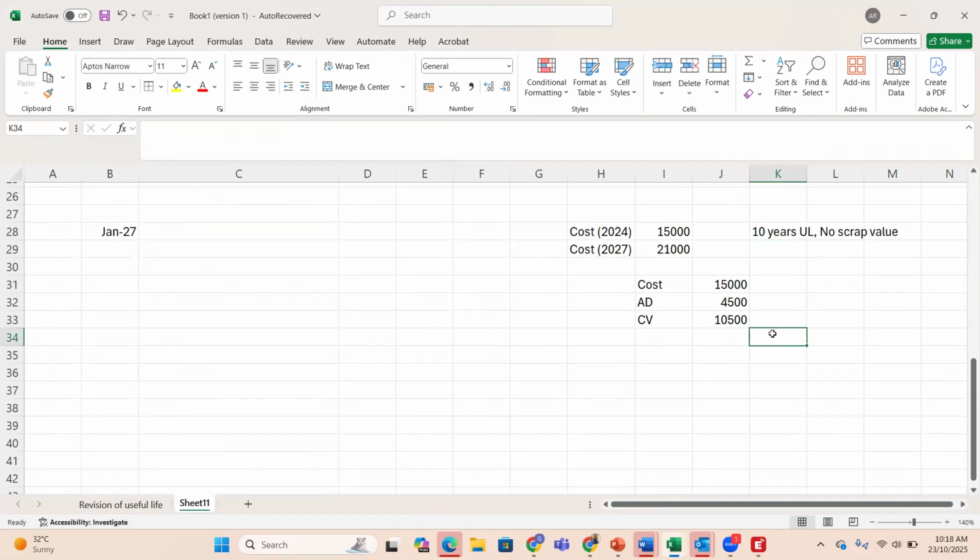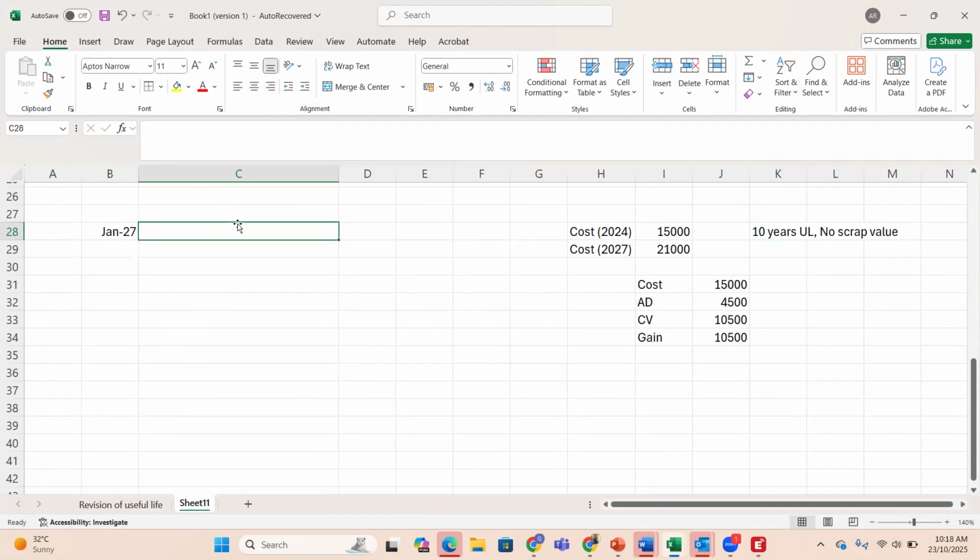What is the current value? 21,000. So what is the gain? Okay. So what would be the entry? What would be the entry?